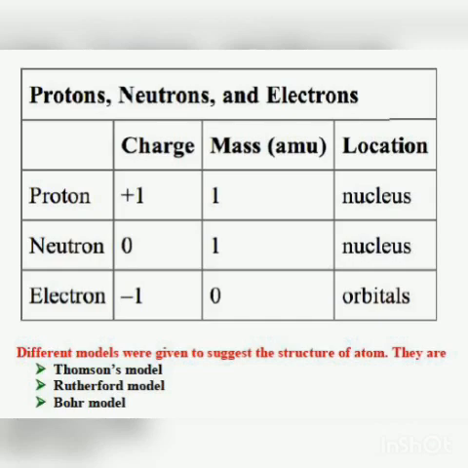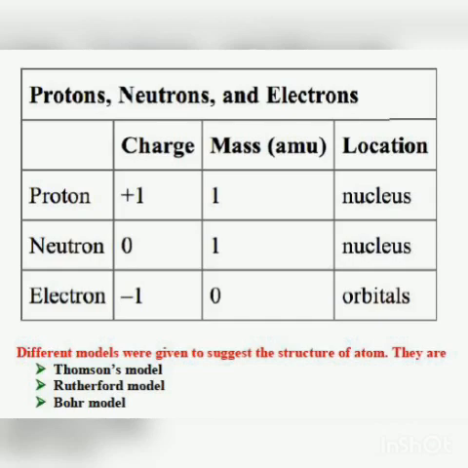So different models were given to suggest the structure of atom, or the arrangement of these subatomic particles in atom. Different scientists gave different models. The different models of structure of atom proposed by different scientists are, first, Thomson's model.